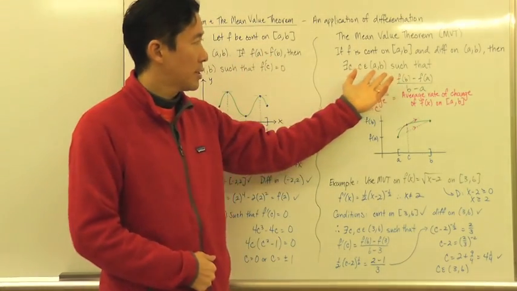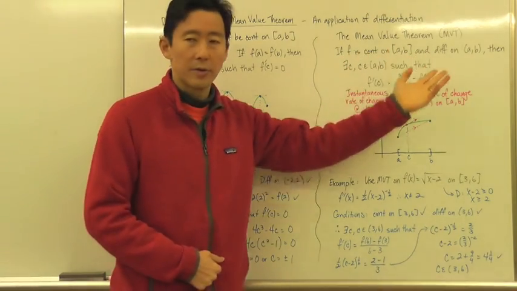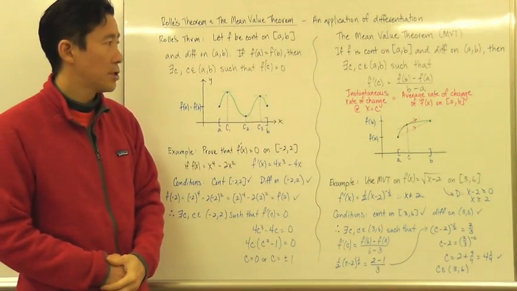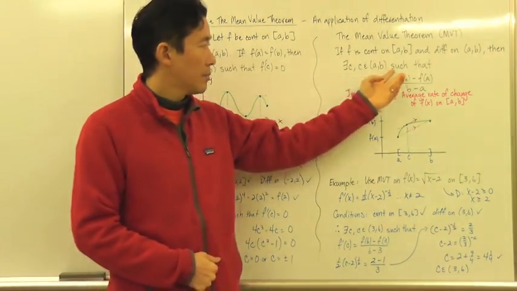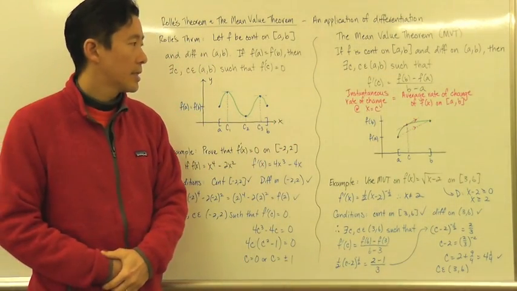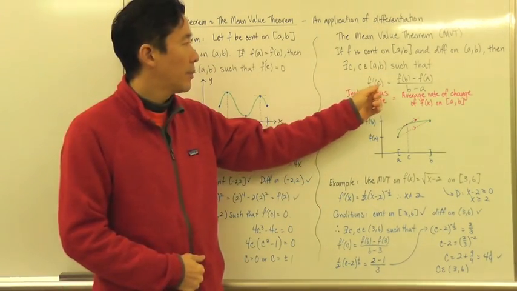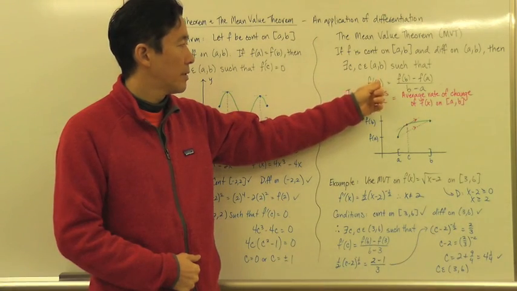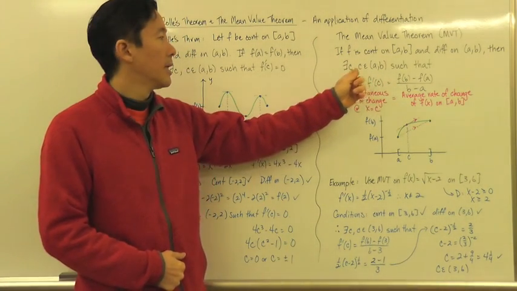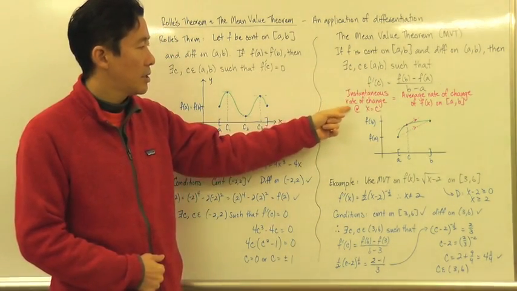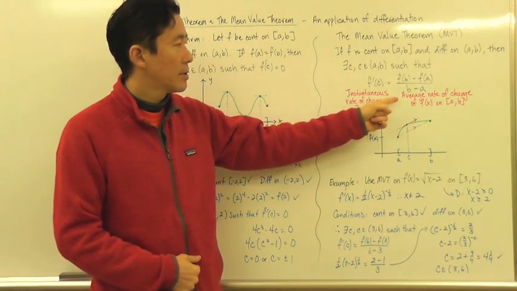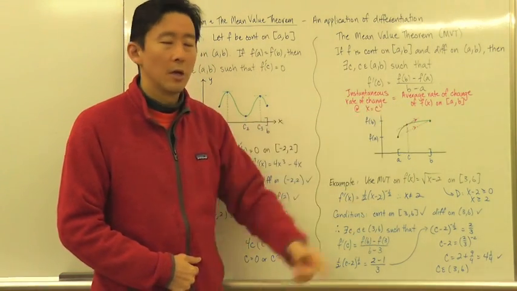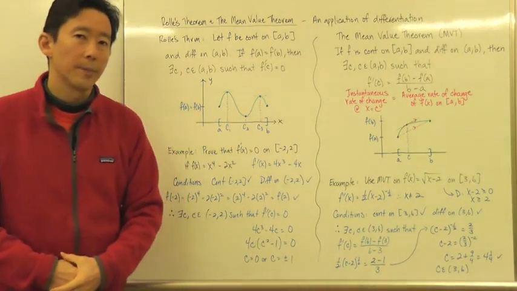In this situation, so long as you have those first two original conditions true, then you can immediately say that there exists a point on the function such that the instantaneous rate of change at x equals c is equal to the average rate of change of the function on the closed interval from a to b.